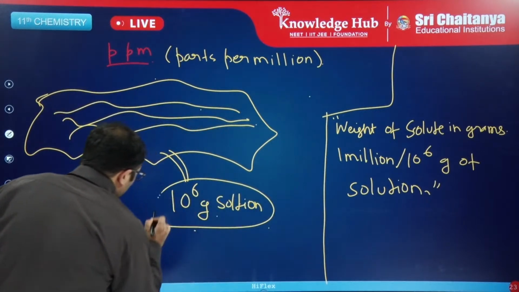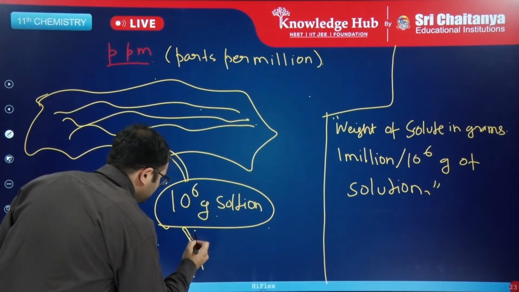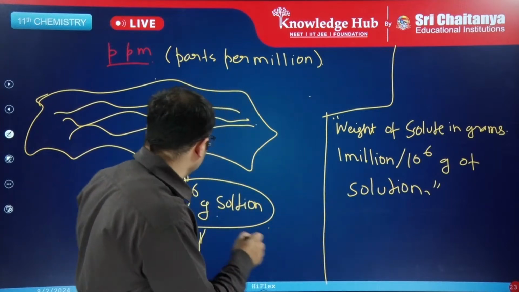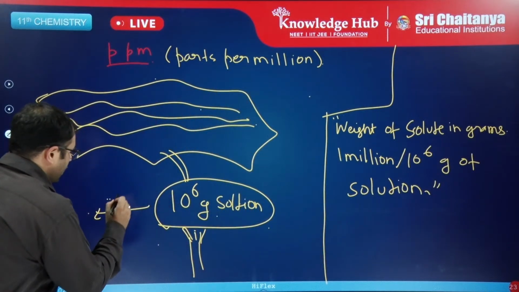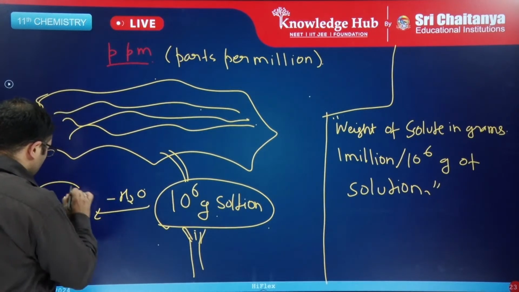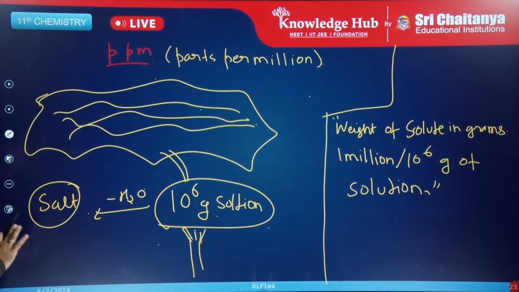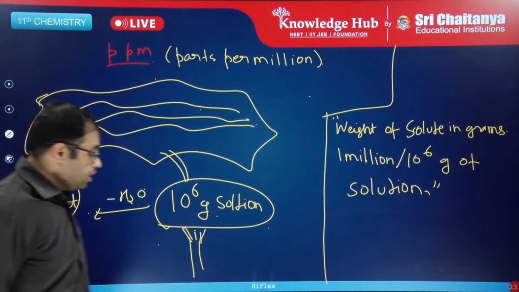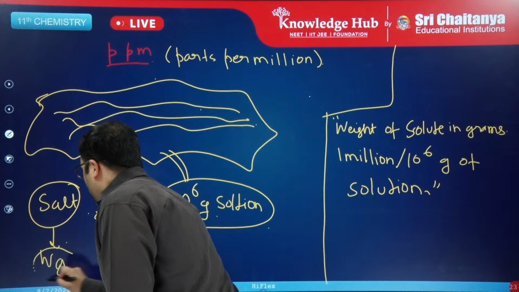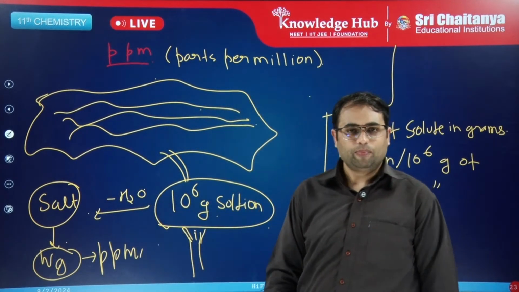Now, that 10 raised to power 6 gram solution, if I heat it, on heating the water from the solution goes up. So, water is removed. Whatever weight is there of this salt left, that will be my ppm value, right?